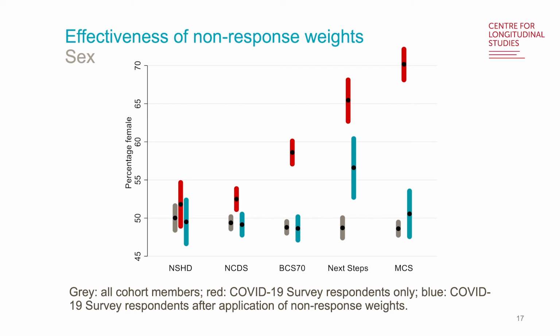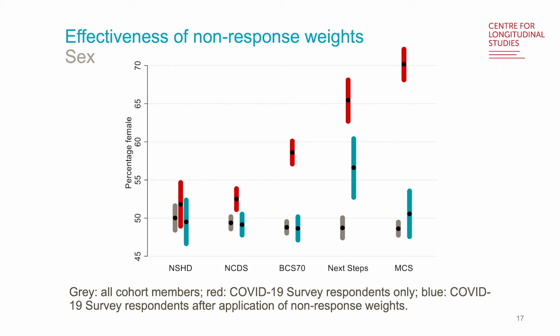So in NCDS, BCS70 and MCS, although this red bar is a long way from the grey bar, indicating pretty substantial bias, once we apply our non-response weights in the blue bar, the levels are basically reduced to that of the grey bar, so that any bias induced by non-response, just in terms of the sex variable, has been essentially completely removed.